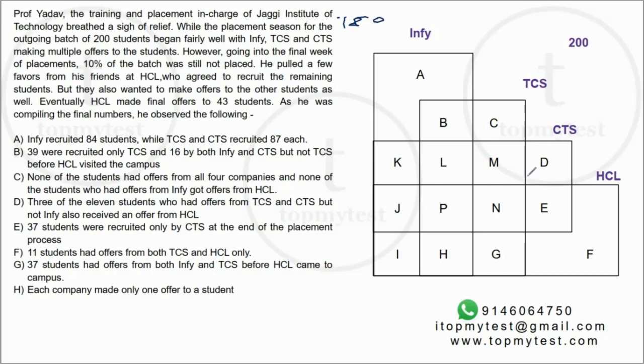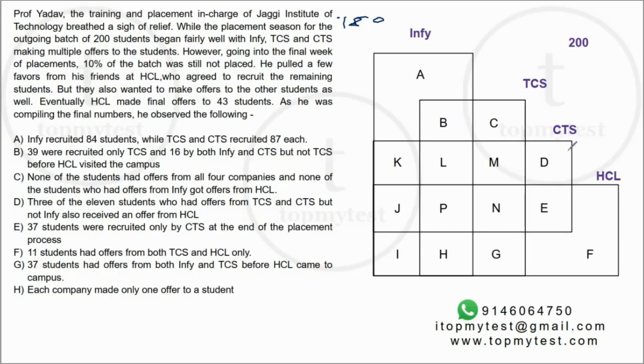HCL came in, picked up the remaining 20 students, but also made offers to the other people as well. So there will be some people who had only Infosys earlier. Now they also got an HCL offer, like region I. There are some people who were initially placed with TCS and CTS, which is N, but now they got an HCL offer also.